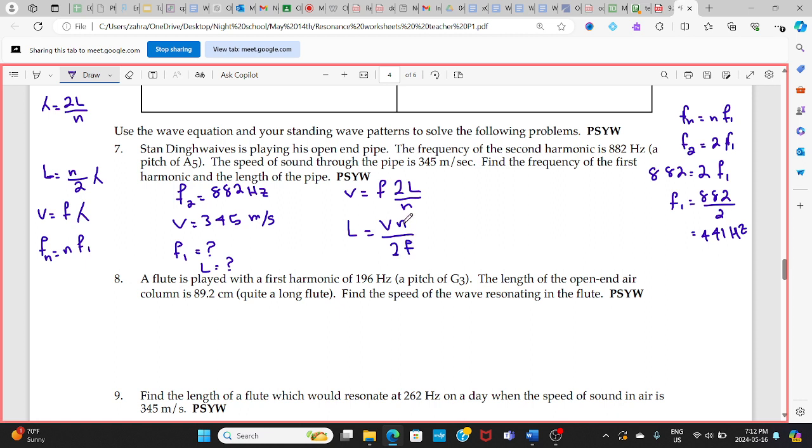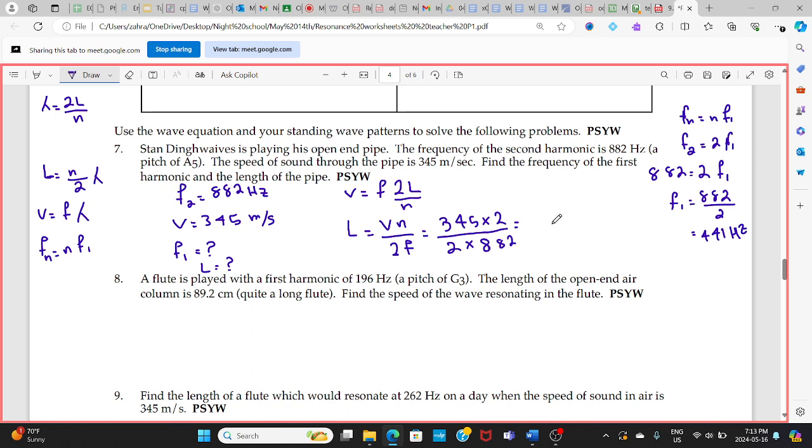Since I know the second harmonic, instead of the N, I could put 2, and the frequency of the harmonic, and I have velocity. Velocity is 345. My N for the second harmonic, because I want to use the frequency of the second harmonic, which is 882. Or I could use the frequency of the first harmonic with 1 over 441. Doesn't matter, right?